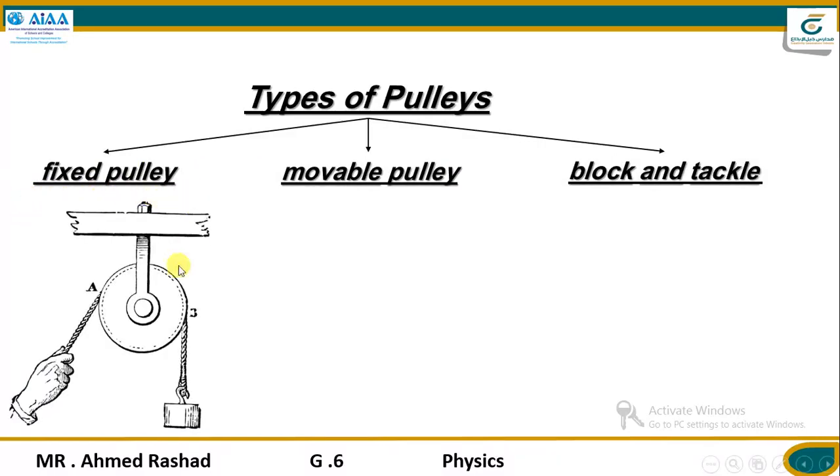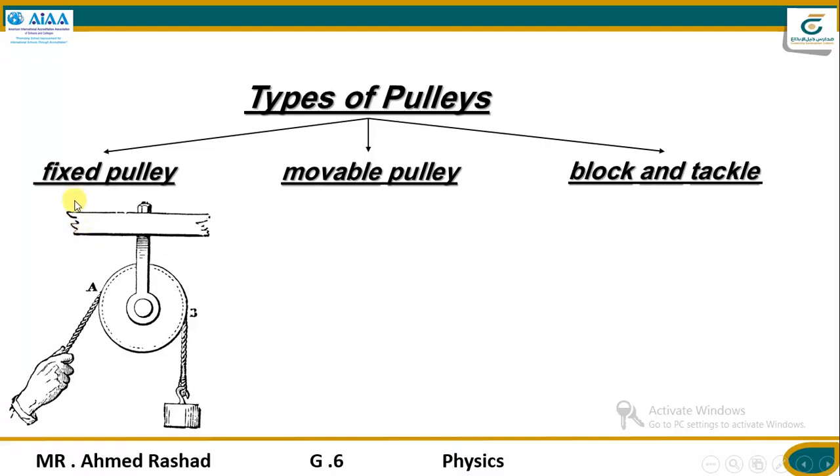That's the pulley that's fixed at the same point, and the rope moves around the pulley. So it's fixed at this point. And we have here the direction of input opposite to the direction of the output force. So this is type number one of pulley, the fixed pulley.